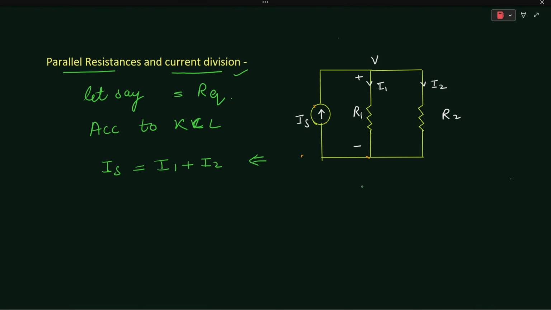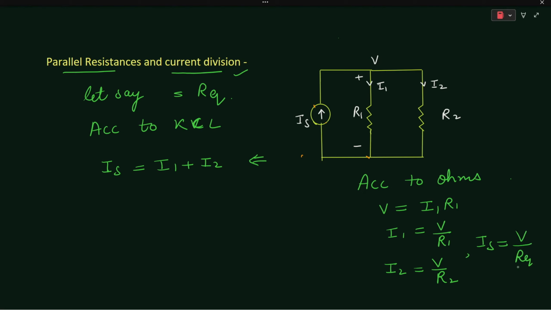According to Ohm's law, V will be equal to I1 times R1, so I1 will be equal to V by R1. Similarly, I2 will be equal to V by R2, and Is will be equal to V by R equivalent. R equivalent is the total resistance of this particular resistor combination.